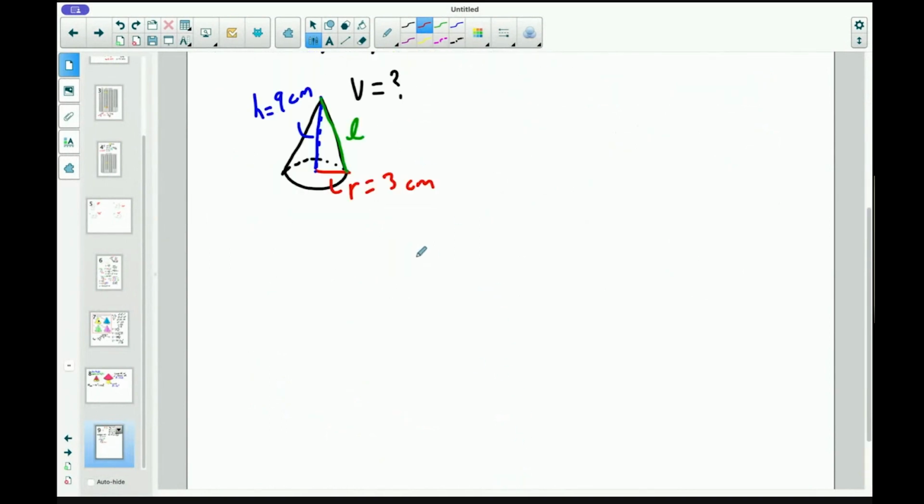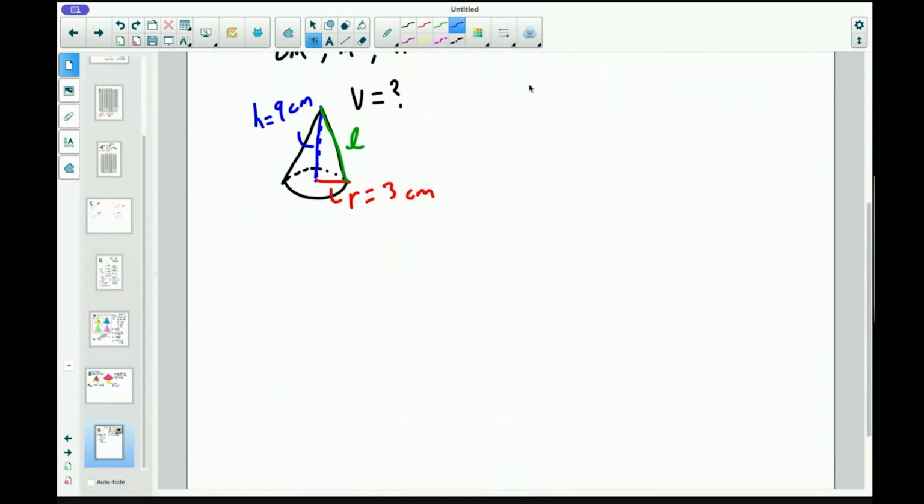So we can see that we have another triangle. We've got one blue side, and that is 9 centimeters. I'm just going to skip the units there. We have our hypotenuse, which is going to be L. And then we have this bottom side, which is 3. So let's write down the Pythagorean theorem: a squared plus b squared is equal to c squared.